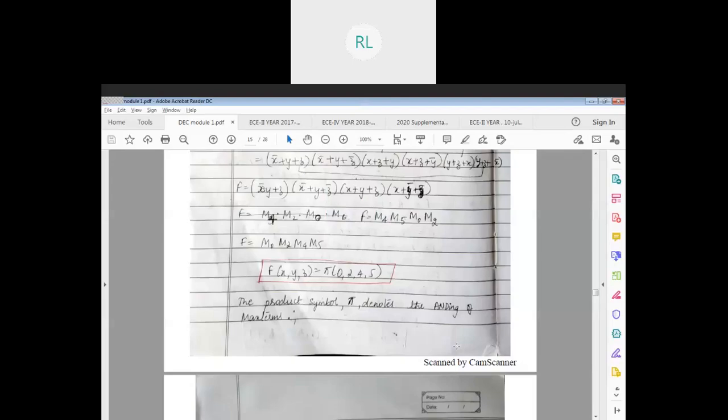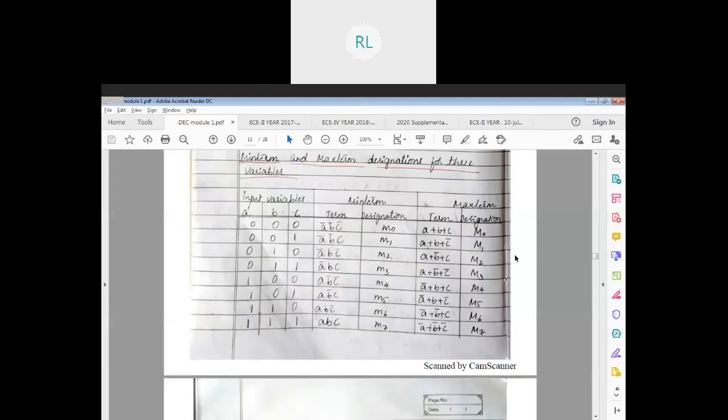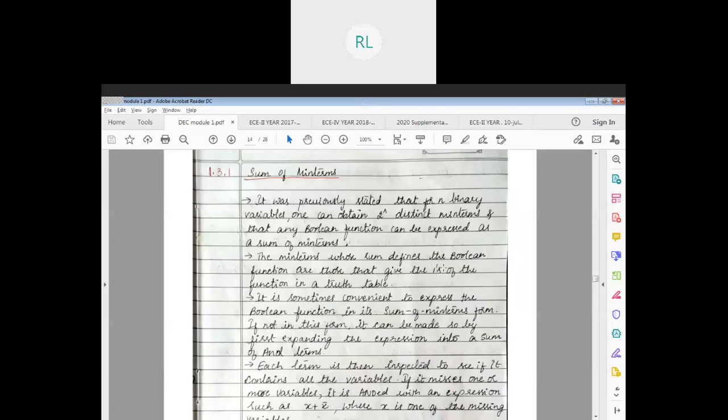Let us go back to the previous table where I had shown you how we represent them. So this is how we represent them. 0, 0, 0, m0, m1, m2, m3. So all this you should keep in mind.